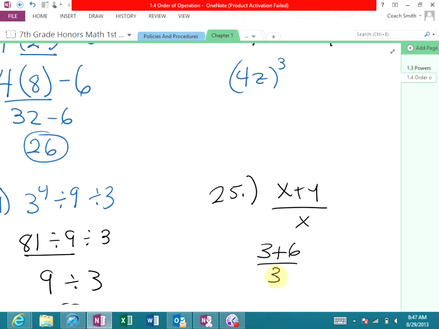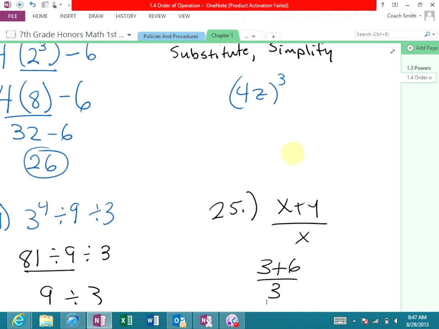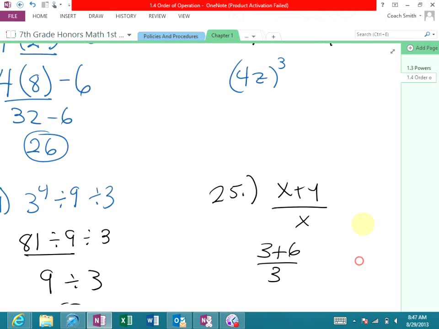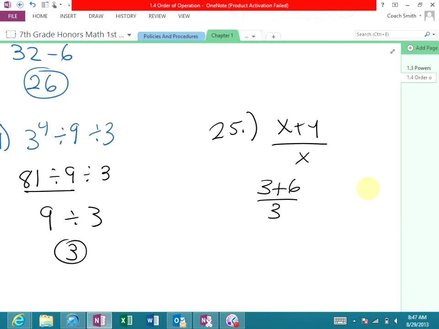If you copied it off the screen, I had x plus y over z, but it's x plus y over x. Okay, so what do you get on top?